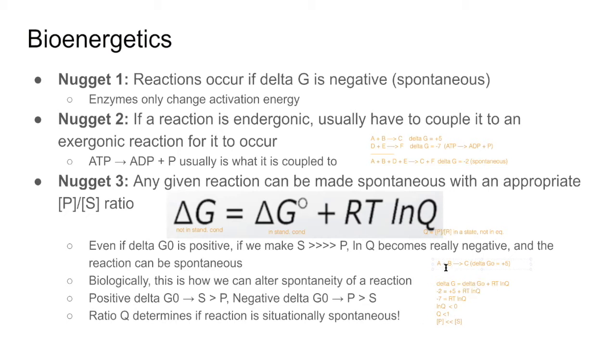If you really want to make a reaction happen, just reduce all the products and add a super amount of the reactants and you'll make it happen.